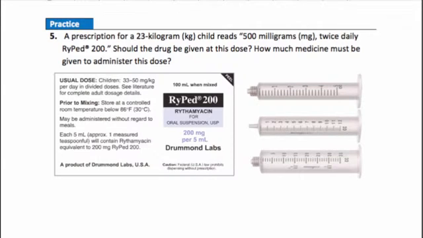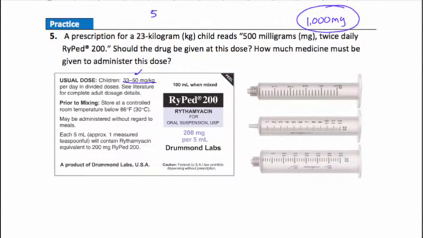All right, practice 5. A prescription for a 23 kilogram child reads 500 milligrams twice daily. So 500 milligrams twice daily, that's really 1,000 milligrams in a day. Let's see if that's going to be safe. Let's go to our usual dose. A 23 kilogram child, so here's our usual dose. We're supposed to be given 33 to 50 milligrams a day. Let's check out that maximum one. Let's check out that 50 and see if we're going to be okay.